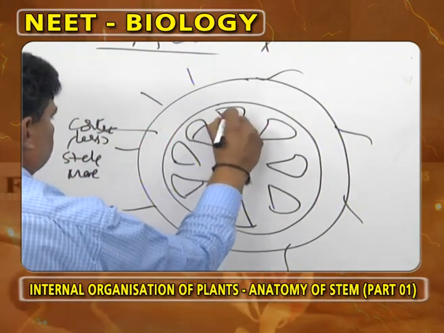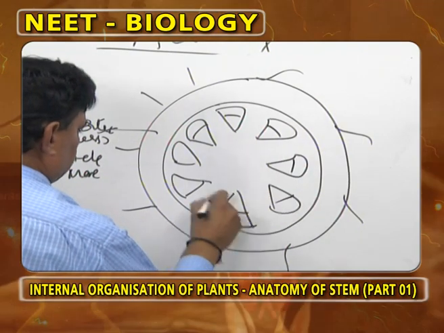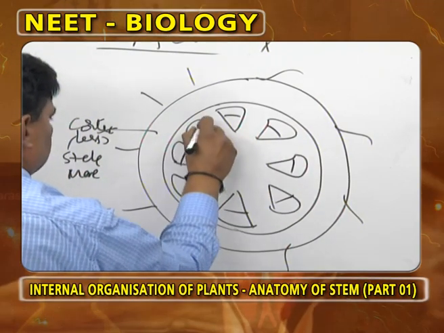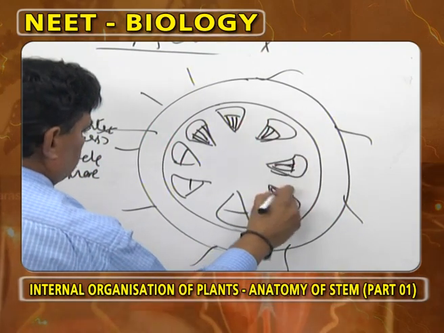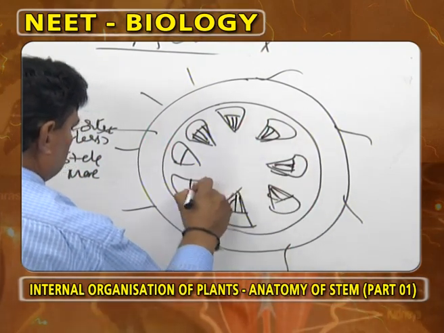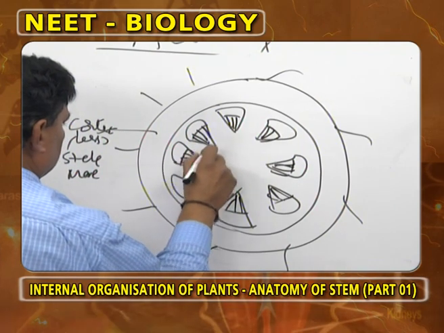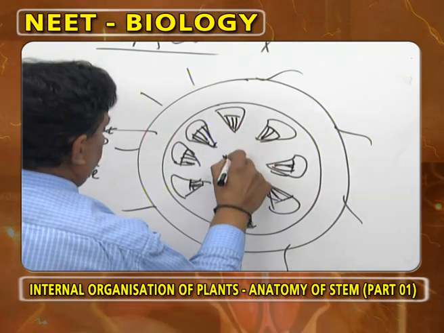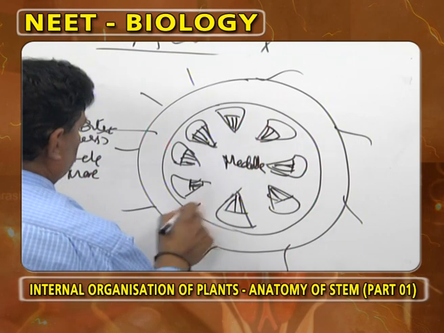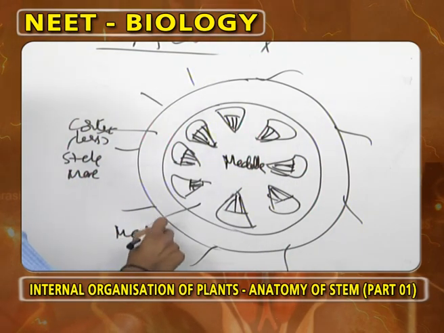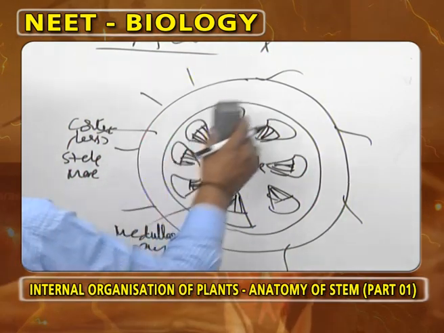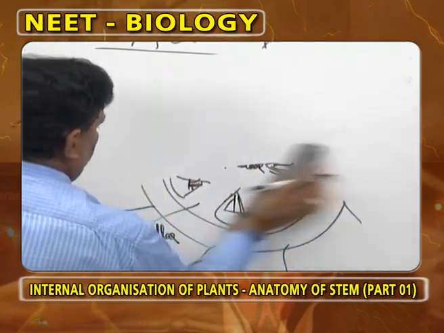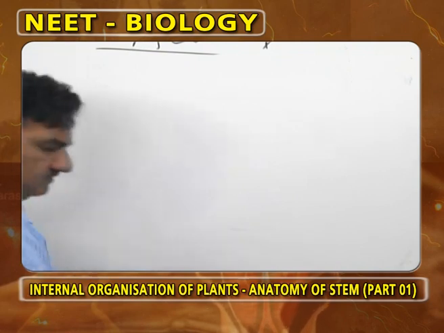This is called eustele. Cambium is present in between xylem and phloem. Xylem towards the lower side, phloem towards the upper side. And this is medulla. This zone between two vascular bundles is medullary ray. So, this is eustele. Eustele means limited number of vascular bundles arranged in the form of a ring.